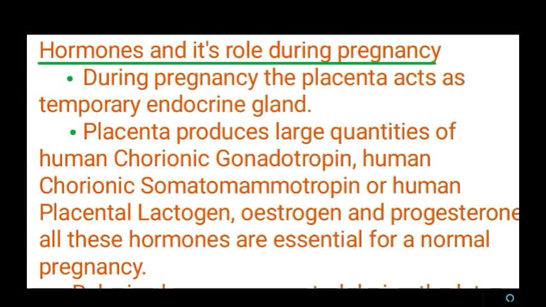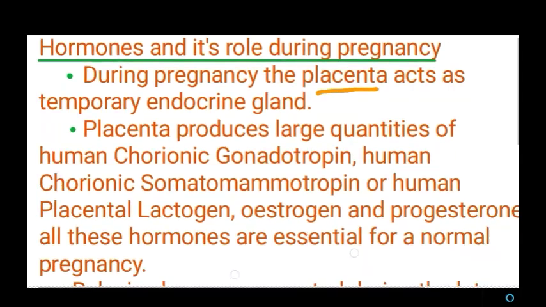Next we are going to see what hormones are secreted during pregnancy and what their roles are. We already saw that the placenta acts as a temporary endocrine gland.